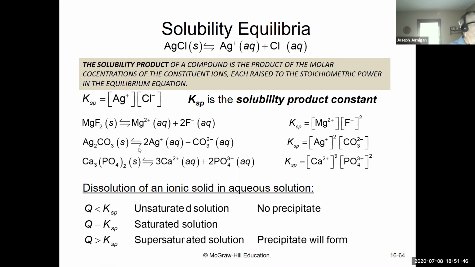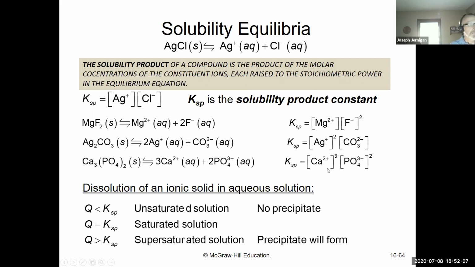When silver carbonate dissolves, it liberates 2 silver ions and 1 carbonate. KSP is silver ion concentration squared times carbonate concentration. Calcium phosphate, when it dissolves, produces 3 calciums and 2 phosphates.